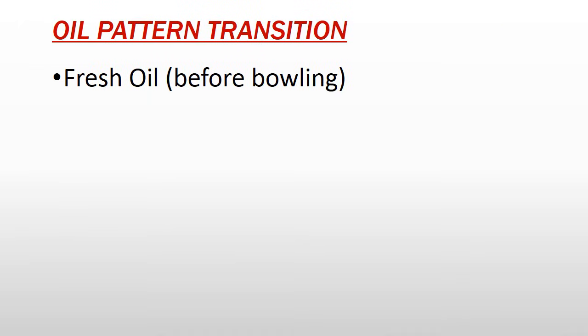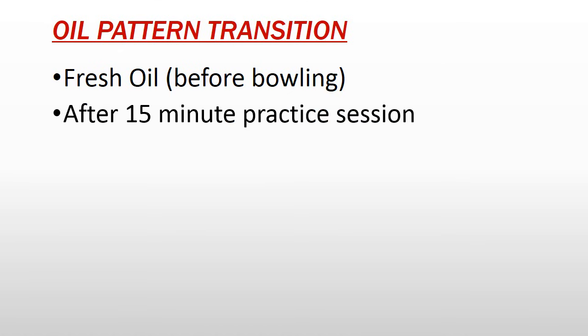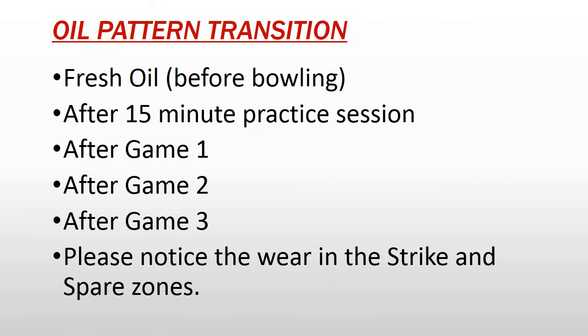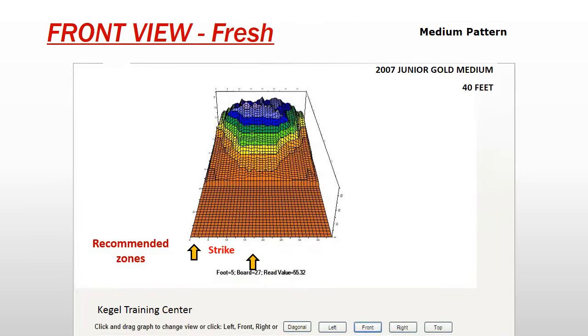The next 5 slides will show a 3D animation of oil on the lane. It shows oil before bowling, after 15 minutes of practice, after Game 1, Game 2, and Game 3. Please notice the wear in the strike and spare zones. This is a view of fresh oil from the pins to the foul line.